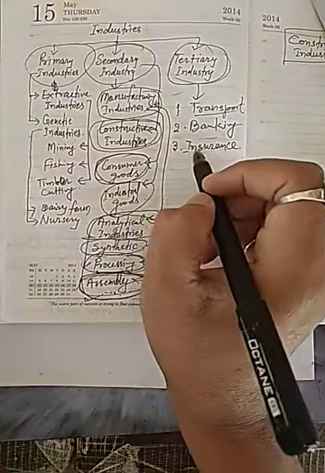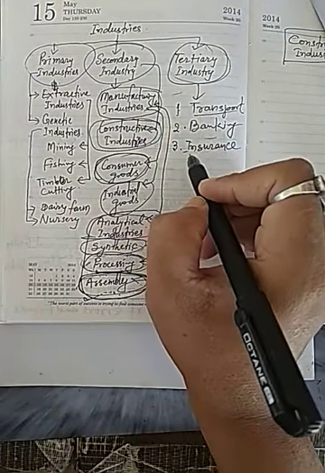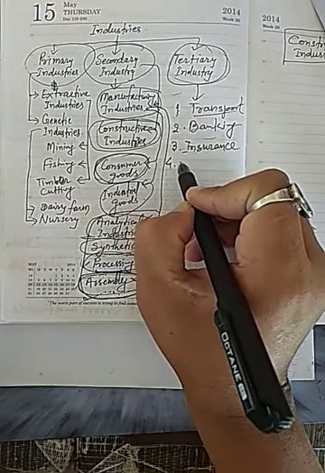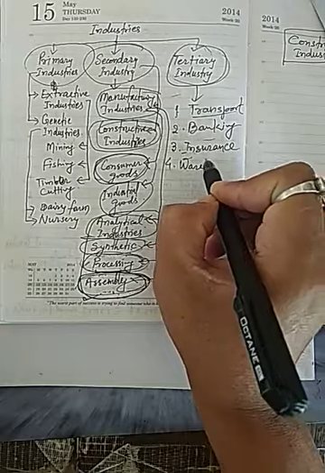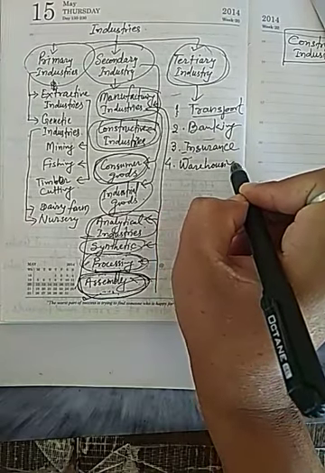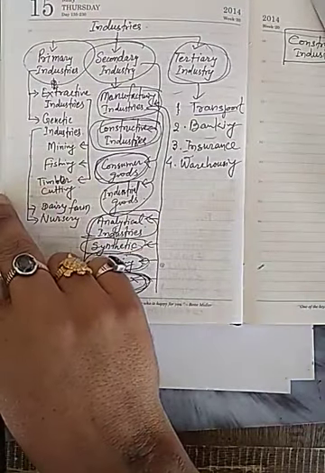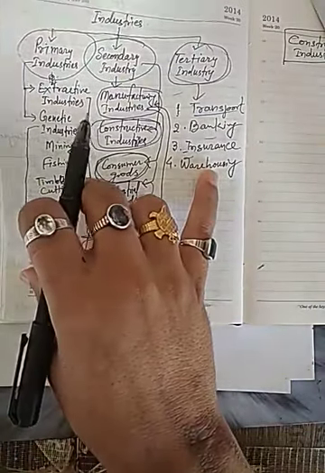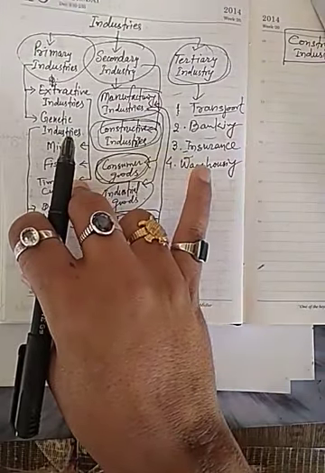So insurance covers the risk. Fourth, warehousing. Warehousing provides a storage place for goods produced by primary and secondary industries.